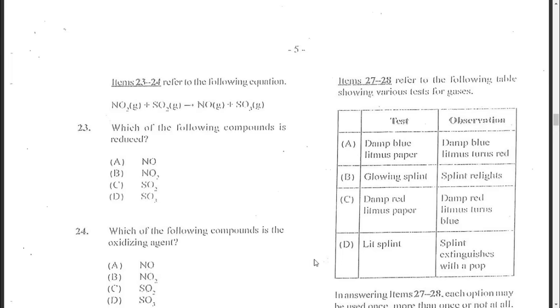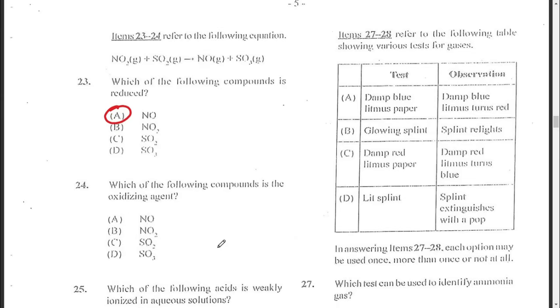So based on the options, which of the following compounds is reduced, we can see that nitrogen dioxide lost the oxygen to become nitrogen monoxide. So that's A, since reduction is the loss of oxygen. 24. Which of the following compounds is the oxidizing agent?